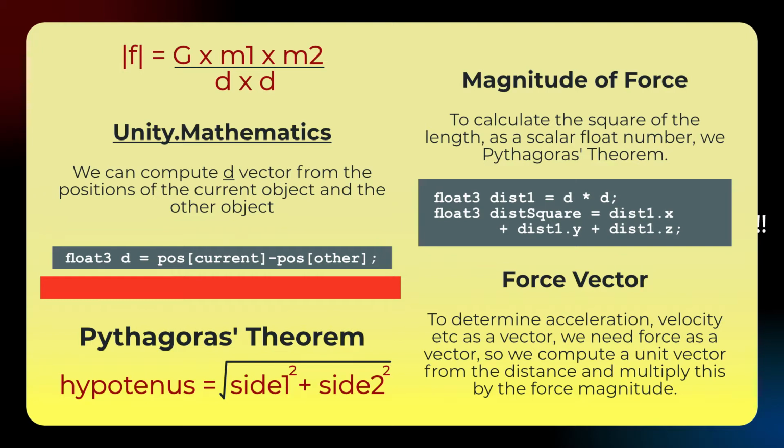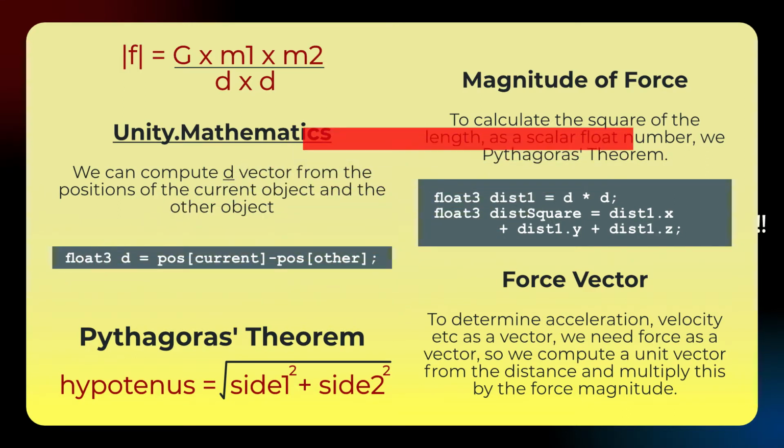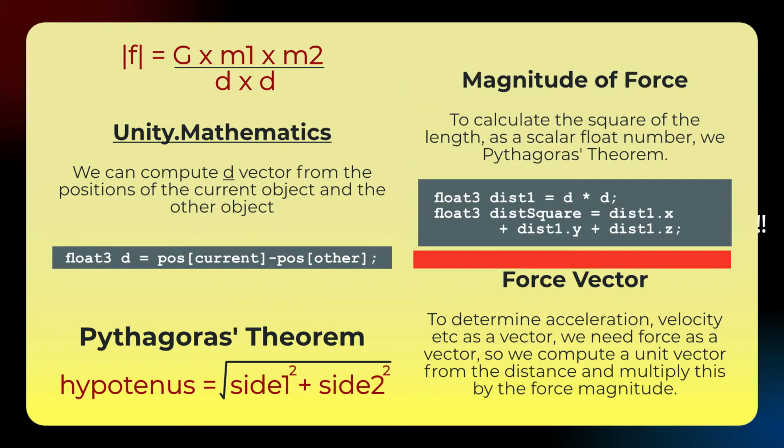Now the cool thing about Unity's mathematics library is that if I take the vector d calculated over here, and I do a d times d calculation, it will use single instruction multiple data operations to multiply the x part of the vector, the y part, and the z part in a single instruction.